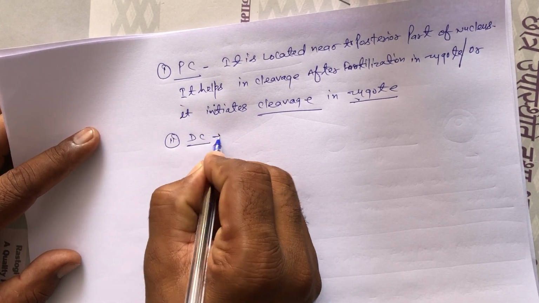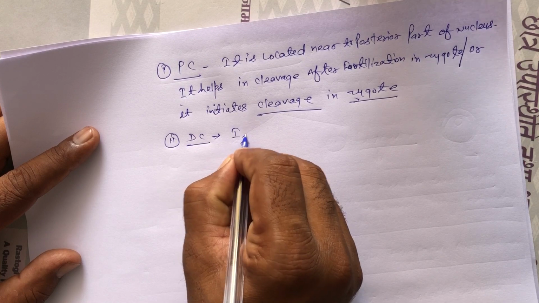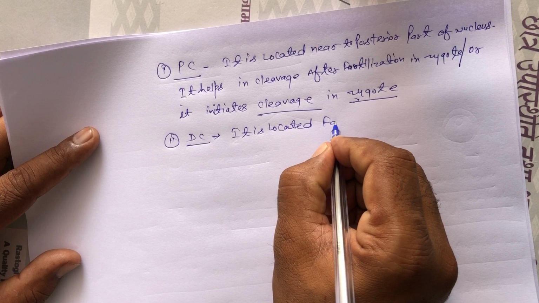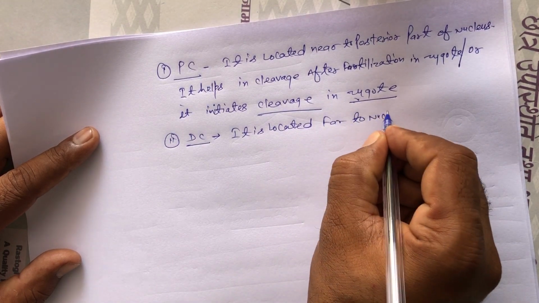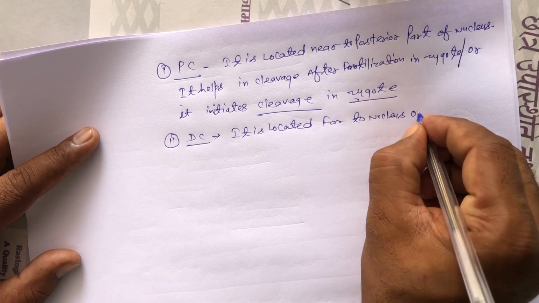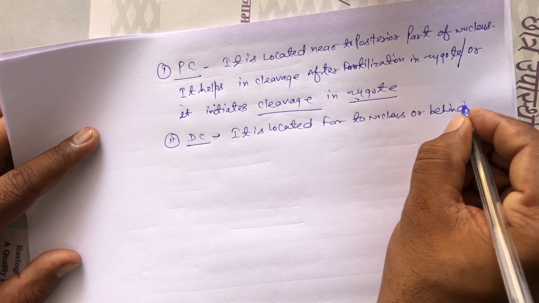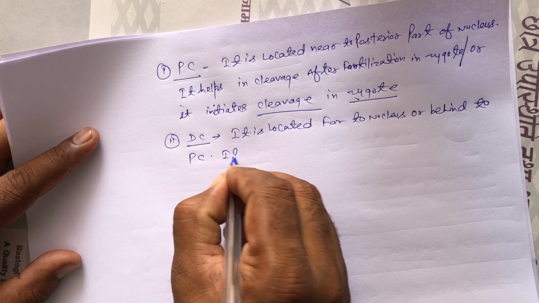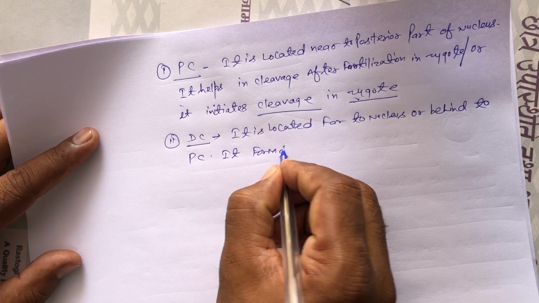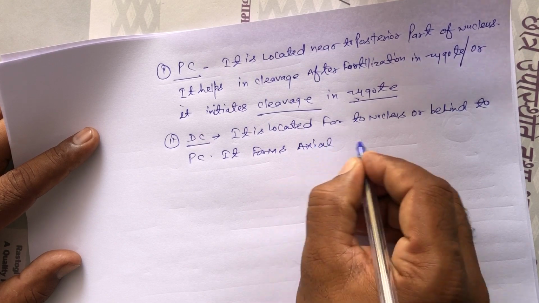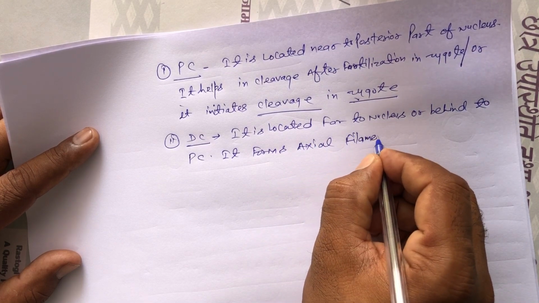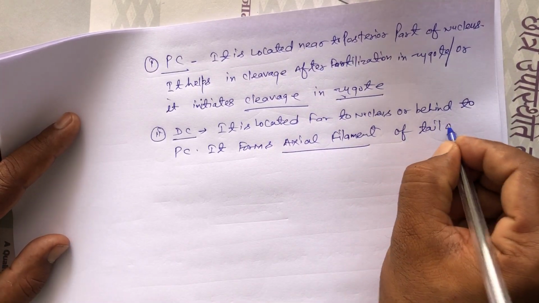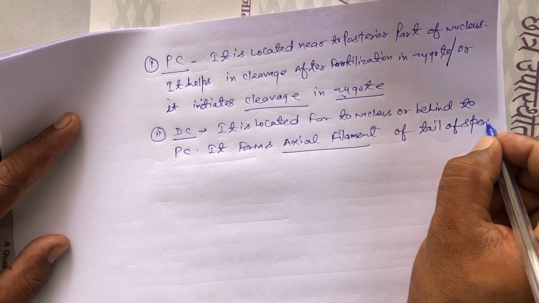Second, the DC, the distal centriole, is located far from the nucleus, or behind the PC. It forms the axial filament of the tail of the sperm.